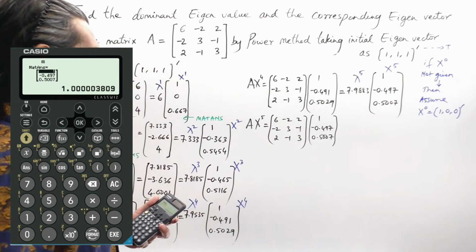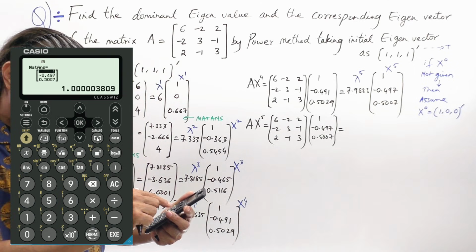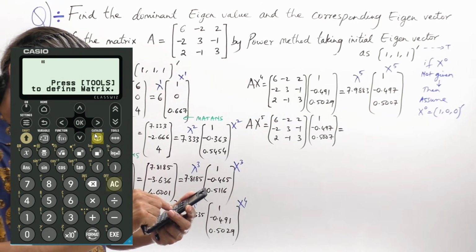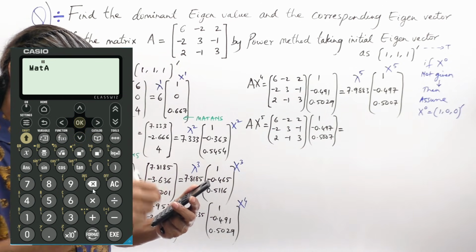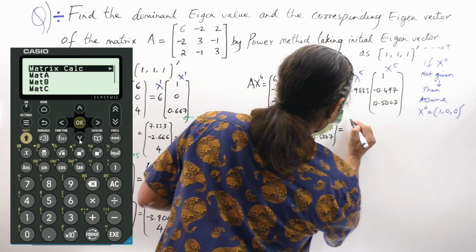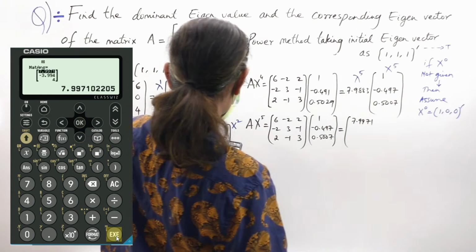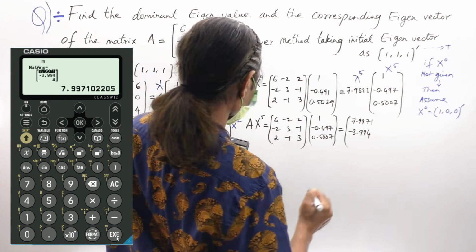Okay. Now, this will be again catalog matrix A into catalog matrix, answer, execute. We are getting here 7.9971. I write here this one, 7.9971, then minus 3.994 and lastly 4.